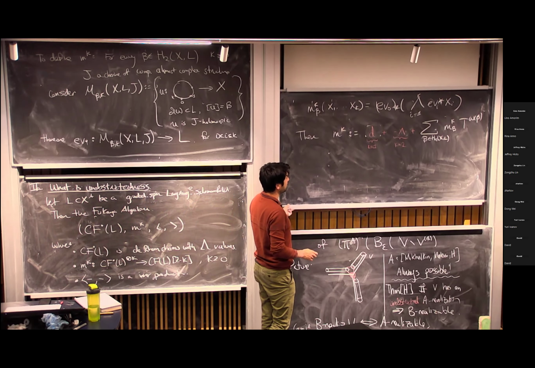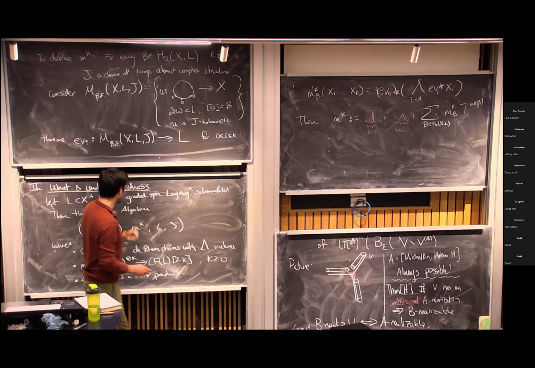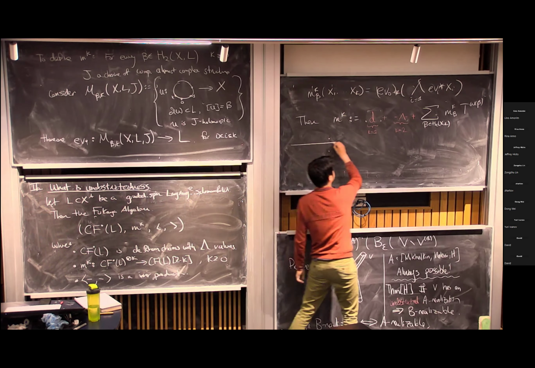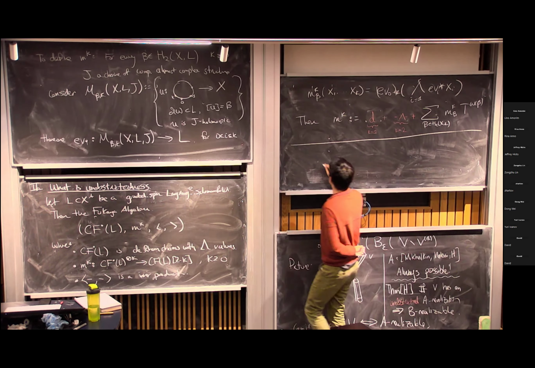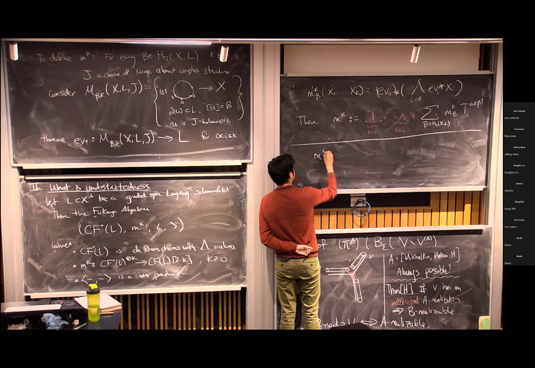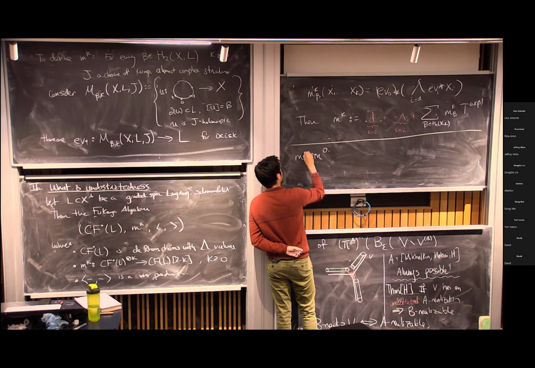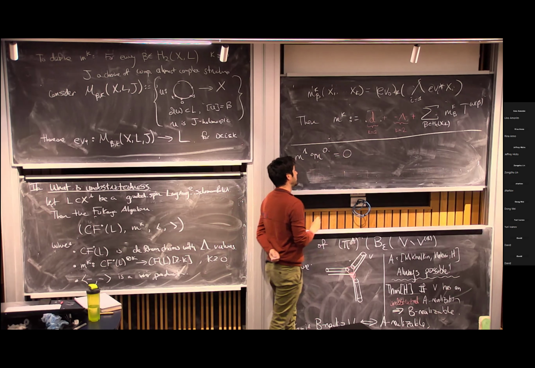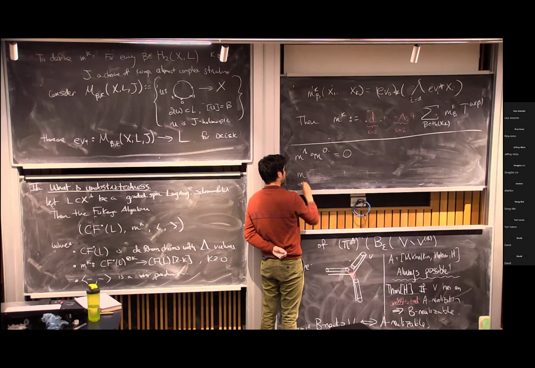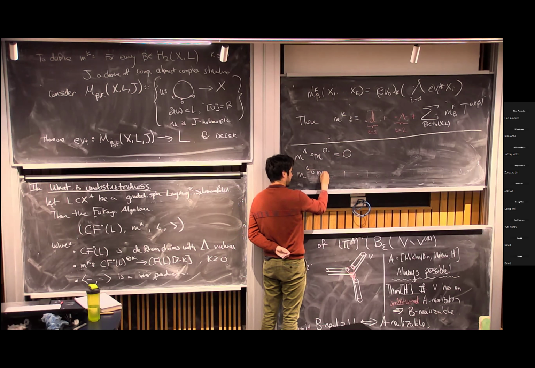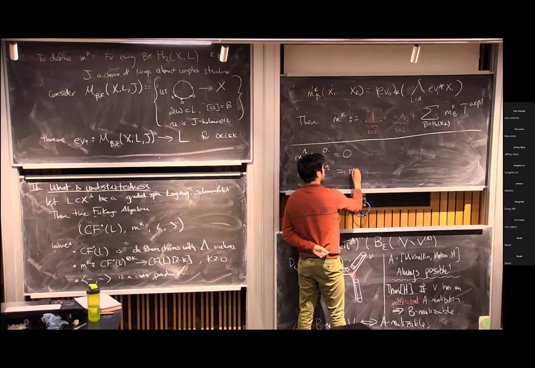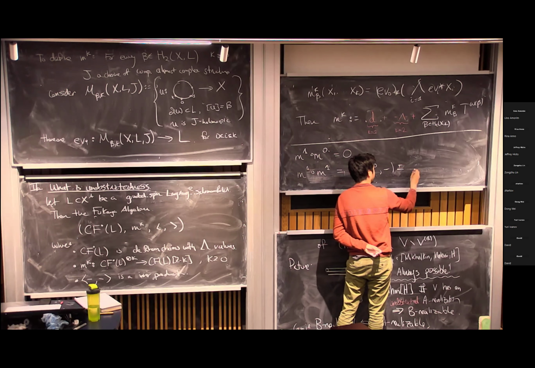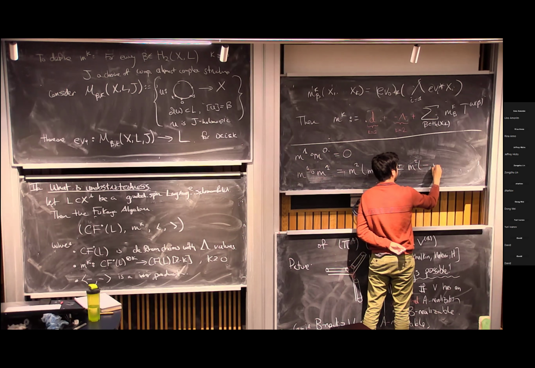I've been saying that these are like Floer cochains, and that this is some kind of algebra. The m_k satisfy a bunch of relations. The first relation is that if you look at the 0th term and apply the first operation to it, this is 0. The second is that if you look at the m1 term and apply it to itself, you get the product of the m0 term with whatever you applied it to.